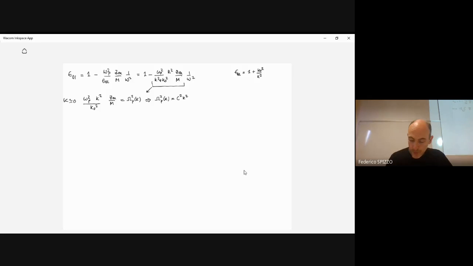So at this point, we may write down this equation that tells us that the square of the speed of sound within the solid is equal to the square of the plasma frequency divided by k0 squared times Zm divided by the ionic mass.